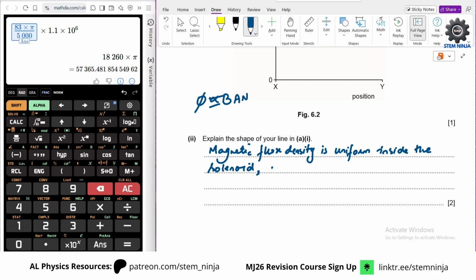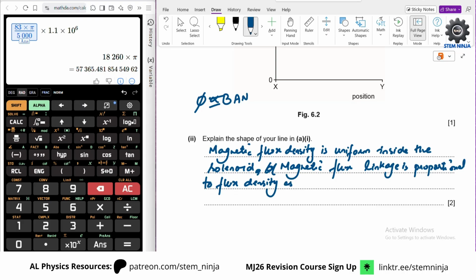And so, magnetic flux linkage is proportional to flux density, as cross-sectional area and number of turns are constant.